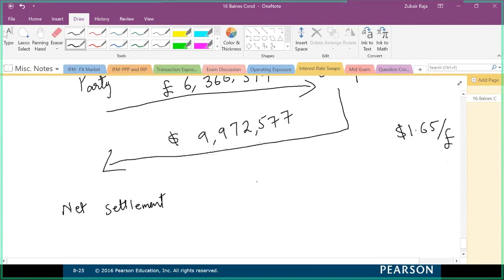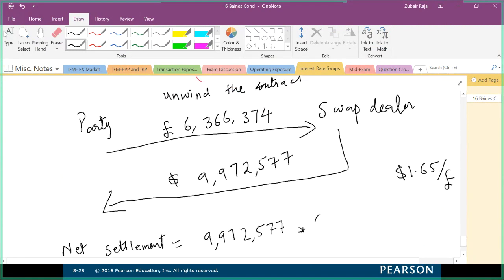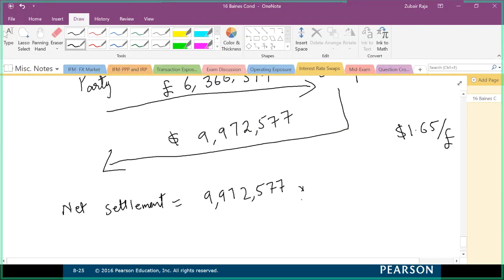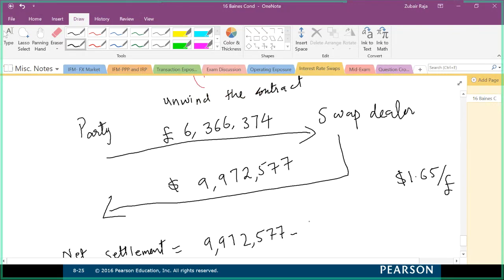If you see over here, the net settlement will be something like this: 9,972,577, sorry, this is not multiply, it has to be minus, then 6,366,374 multiplied by 1.65.